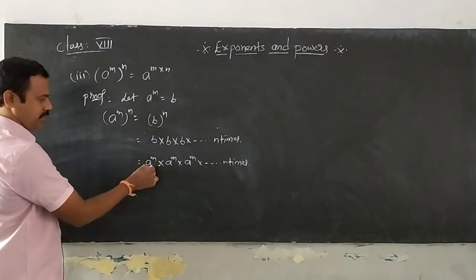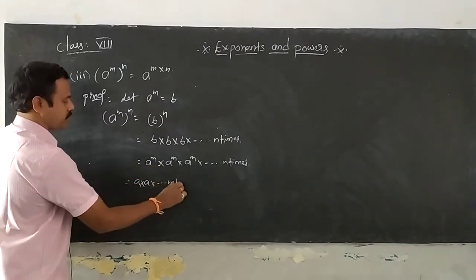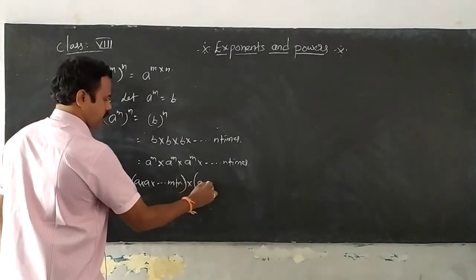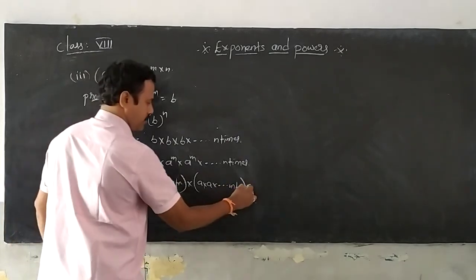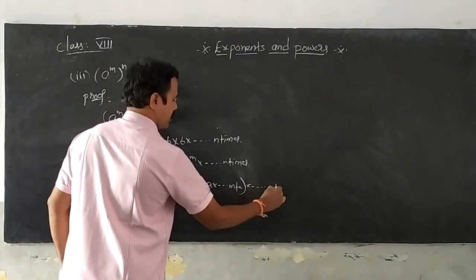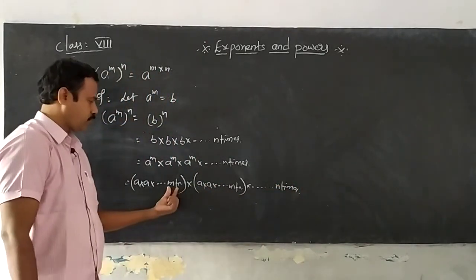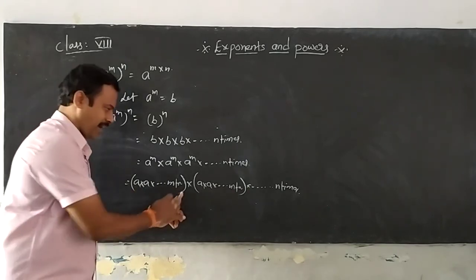So what does a power m mean? It is a into a so on m times, into a into a so on m times, you write this n times. Isn't it? You have two m's. So I take m a's and next m a's.